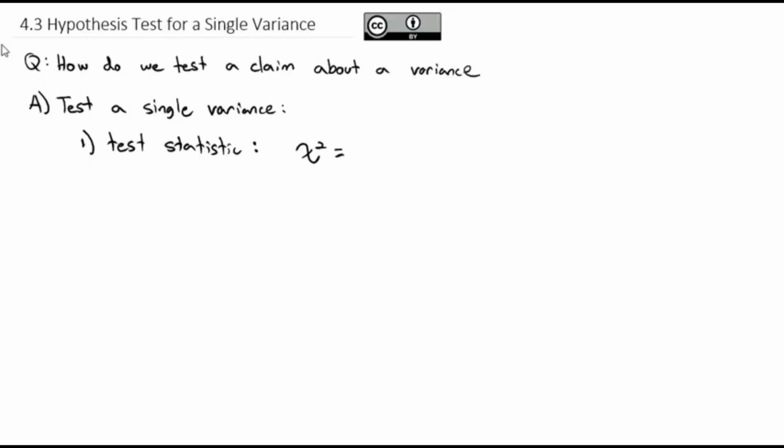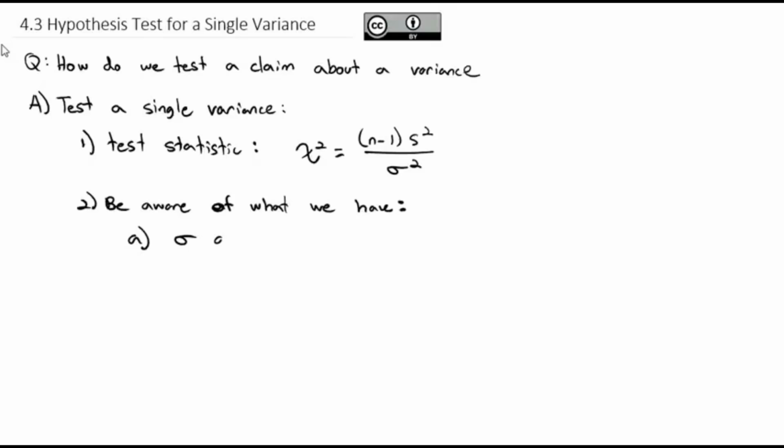The formula with a variance for chi-squared is the sample size minus 1 times the sample variance divided by the population variance. And we need to be very aware of what we have in the problem. We use sigma and s to represent the standard deviation.